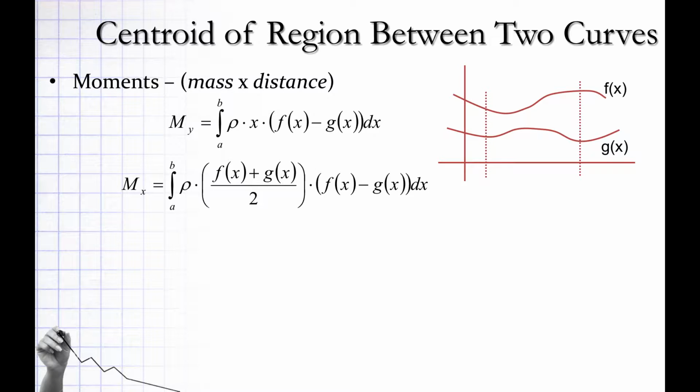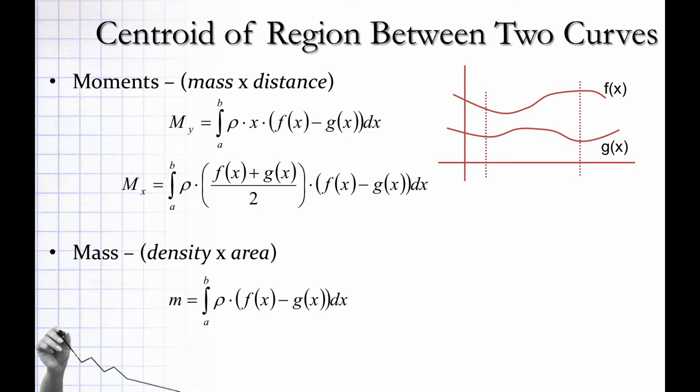Here is our distance from the y-axis. Here is our distance from the x-axis. And as we've been talking about, our mass is just density times area, so the integral of density times area.